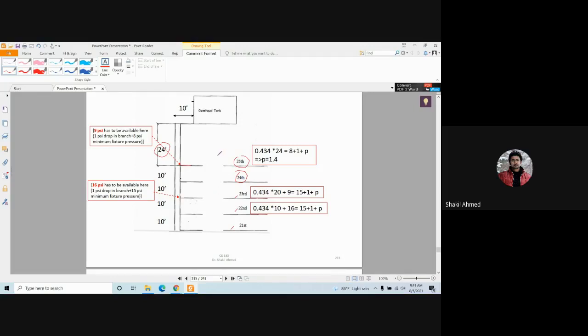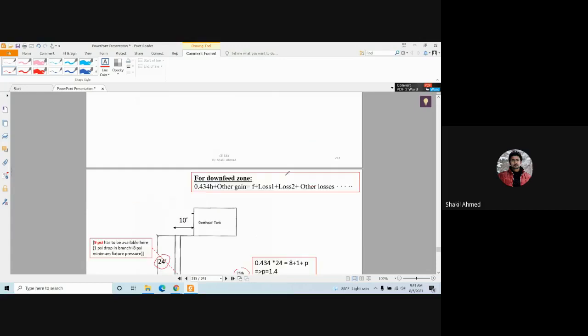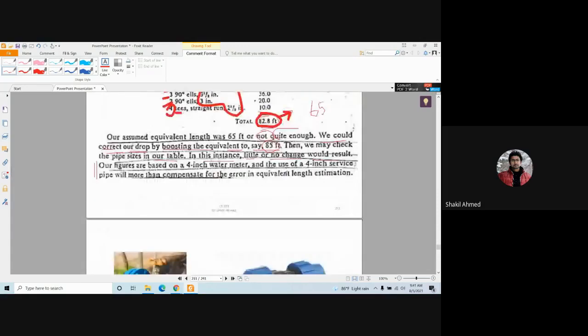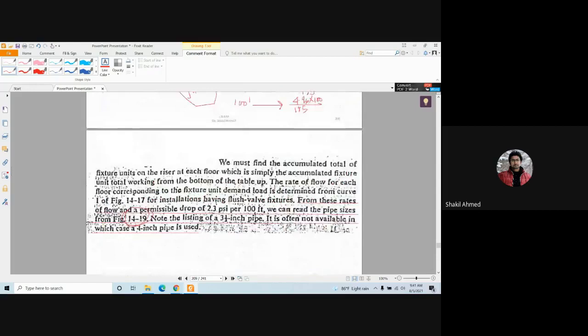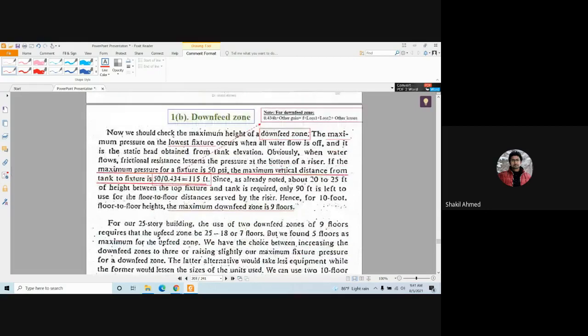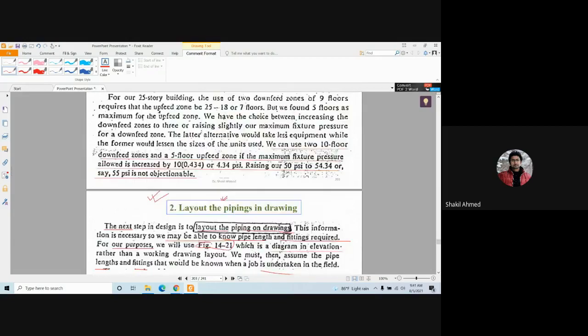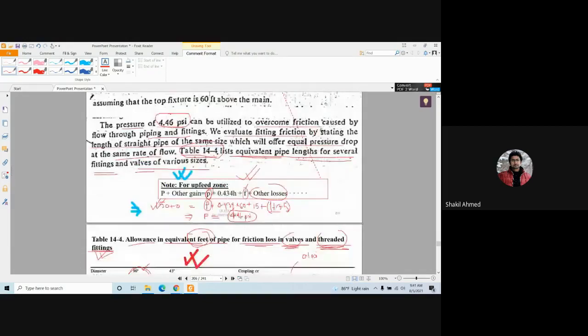This is the downfeed zone, by the way. For the downfeed zone, what was the formula? Remember the formula? This was for the upfeed zone.